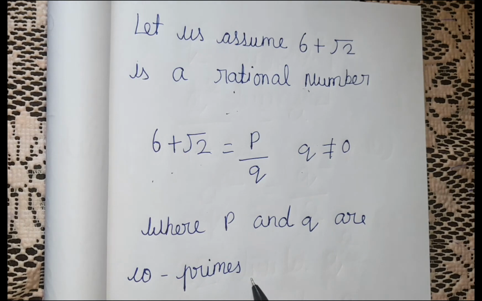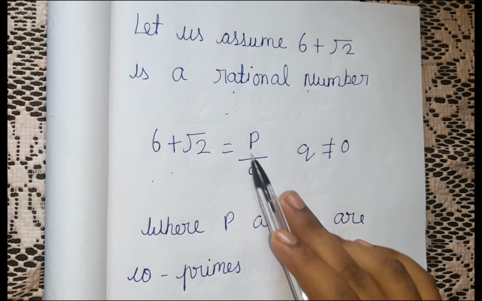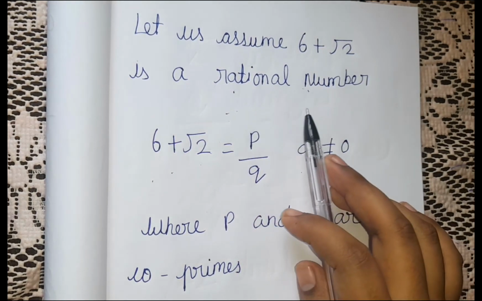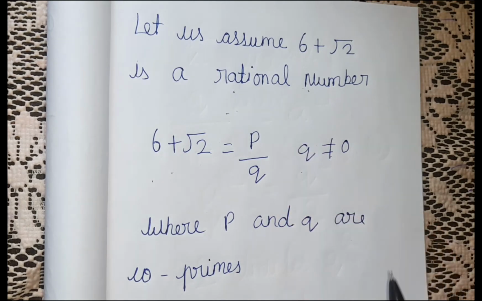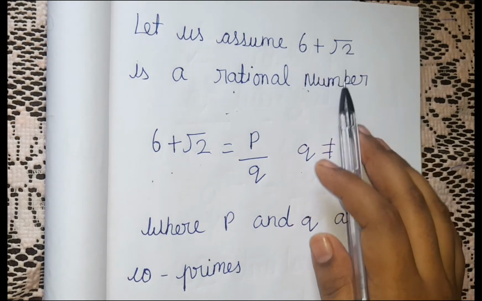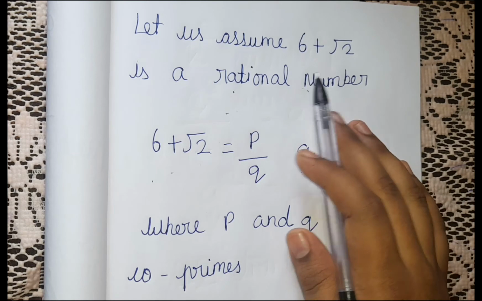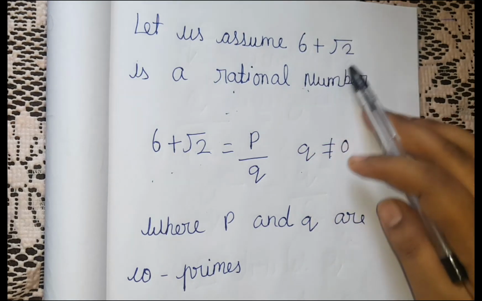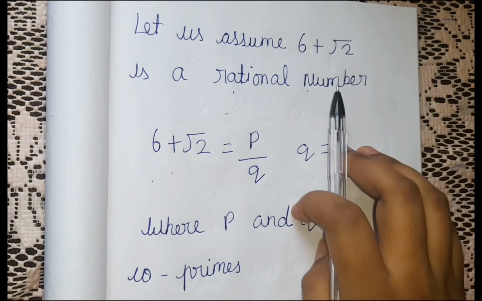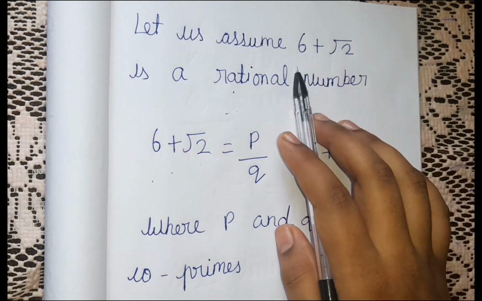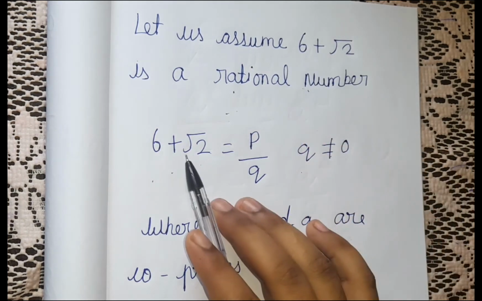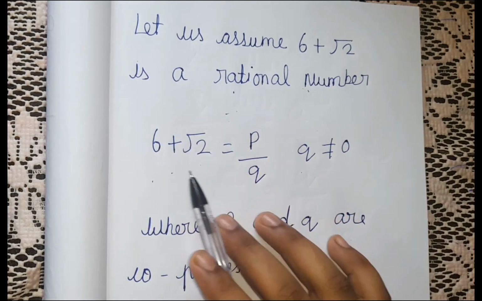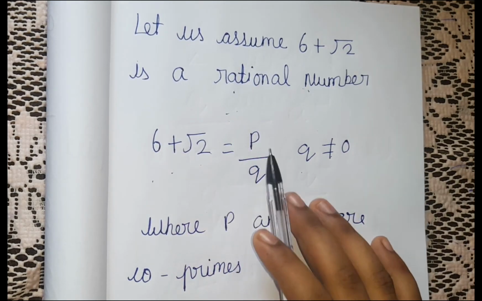We wrote p by q because we took it as a rational number. First we found root 2 was irrational and proved it. Now we take the whole thing, 6 plus root 2 equal to p by q.